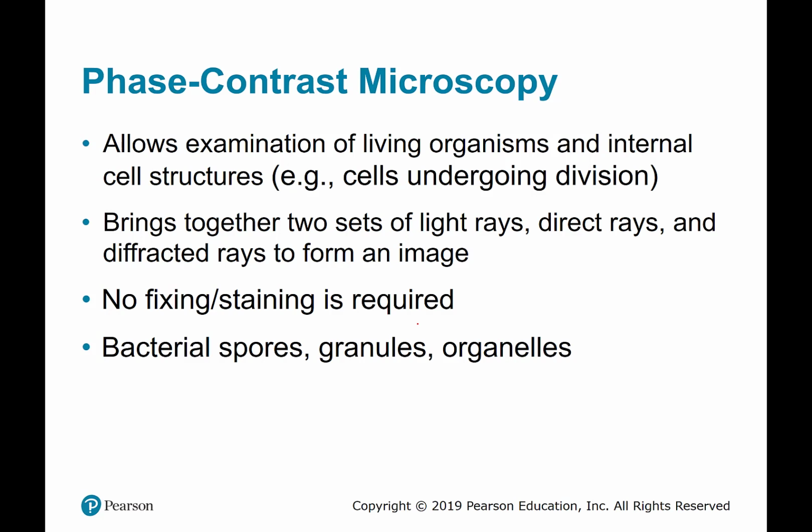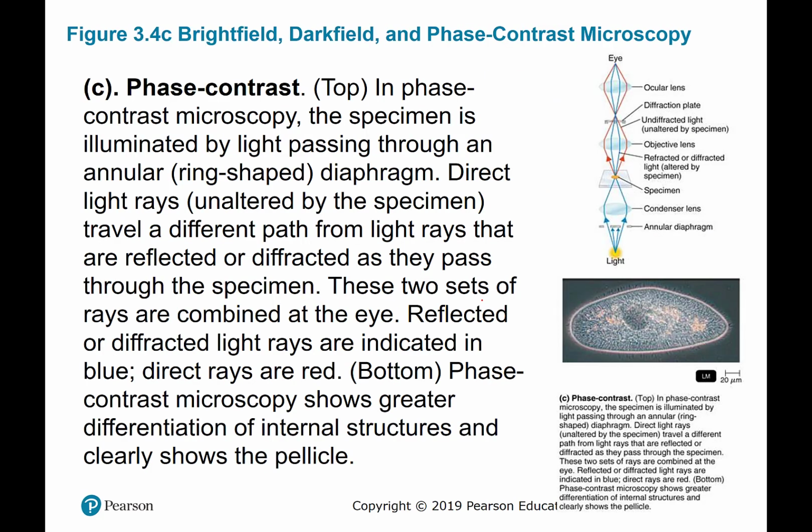And with phase contrast, you have direct light and diffracted light that are brought together. And what you end up seeing, no staining is required. You can visualize bacterial spores. You can see organelles if you were looking at a eukaryote. And what you're going to visualize then, it's going to be similar to dark field.